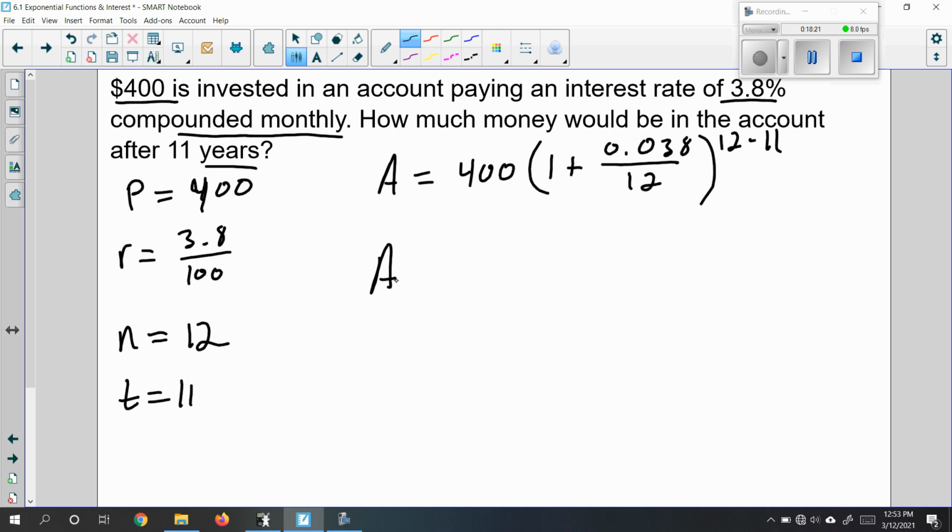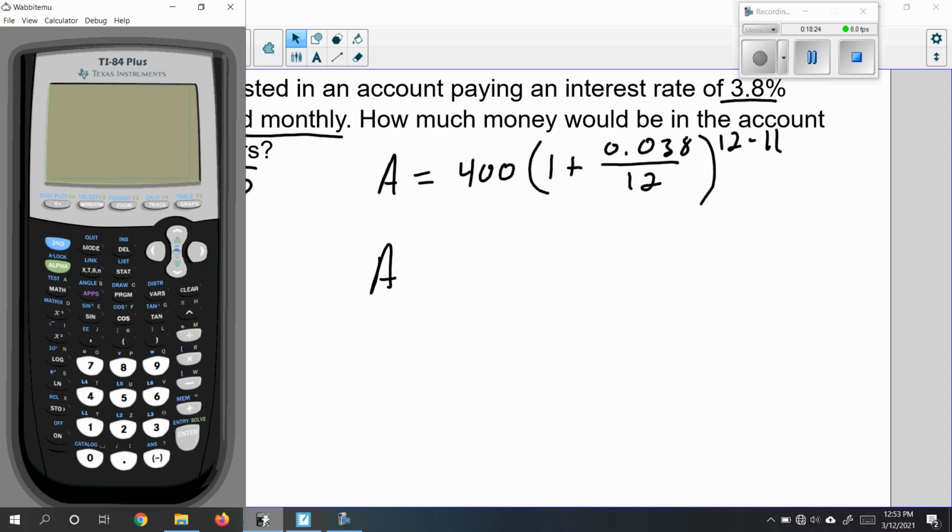So let's go ahead and compute that. 400 times 1 plus 0.038 divided by 12 to the power 12 times 11. $607.17.